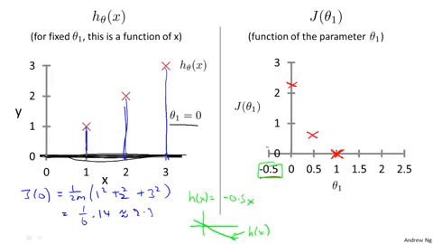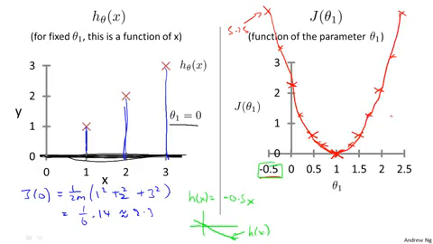This turns out to be a really high error, something like 5.25 and so on. And for different values of theta 1, you can compute these things, and it turns out that you compute a range of values, you get something like that. And by computing the range of values, you can actually slowly trace out what this function, J of theta, looks like. And that's what J of theta is.